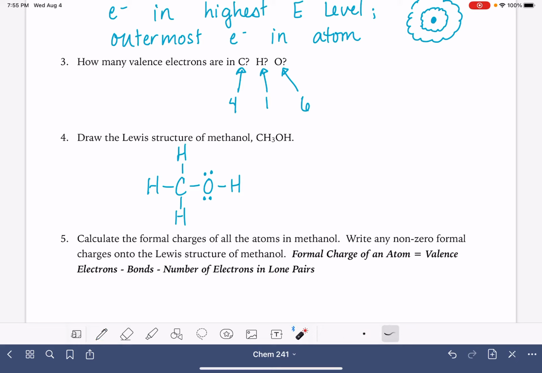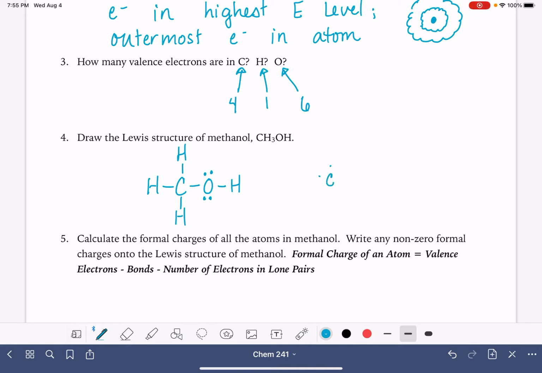If you're using your traditional general chemistry method of counting up all the valence electrons, putting everything together with single bonds, etc., you would come to this same structure. It would just take you a little bit longer. Another method that we use, as we're bridging the gap from Gen Chem to OChem, is to draw Lewis dot symbols for all of the elements.